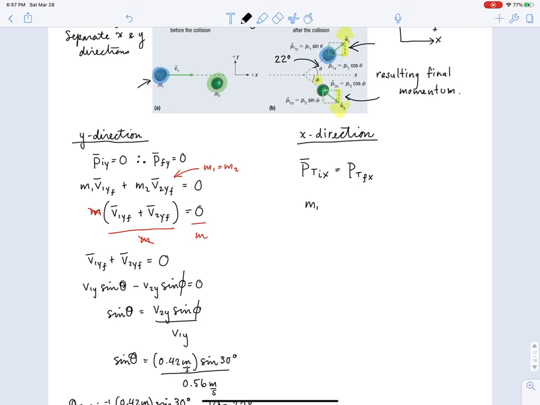So mass 1, velocity 1, initial x is equal to mass number 1's velocity final in the x direction plus mass number 2's velocity 2 in the final x direction. Good.